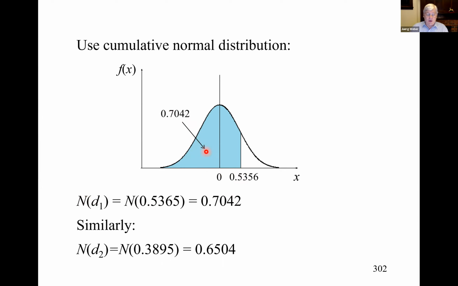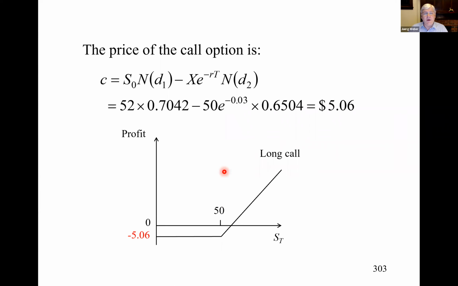You can get this out of a table, or maybe out of R. Then you do that for D2, so 17.42%. And you plug it in here. You see here I have the 17.42, the share price at the beginning, 52, and the strike price X is 50.